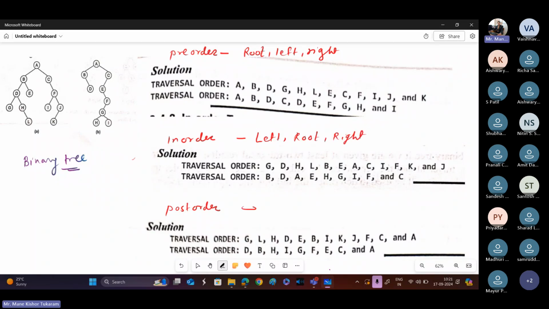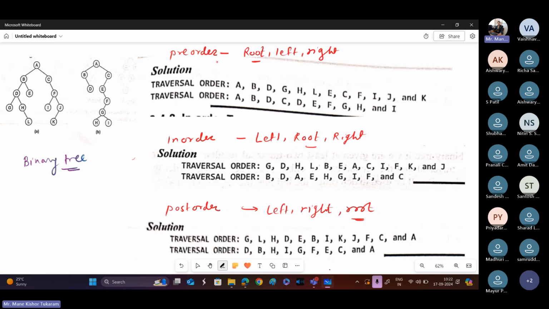And here, left, right, and at the end, root. So depending on the position of the root, the name is given. That is, pre means first root, in means in middle root, and post means at the end root. Okay, so this is my example.